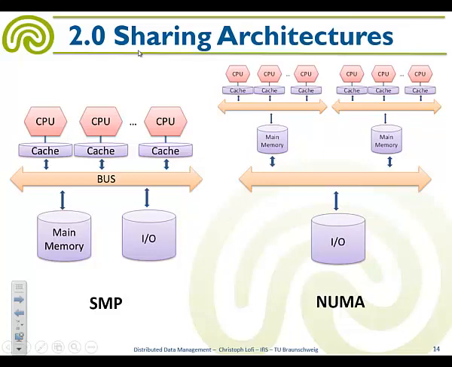NUMA architecture stands for non-uniform memory access, and as the name indicates, that means that the memory access to the main memory for different CPUs is not always the same. It's non-uniform. So basically, from a design perspective, that means you have multiple processing units. Here I just call them CPUs, which are connected to a central bus, and that bus is connected to a main memory unit.